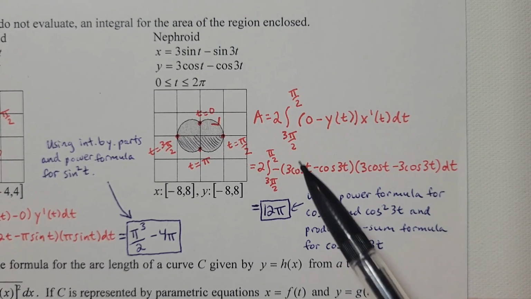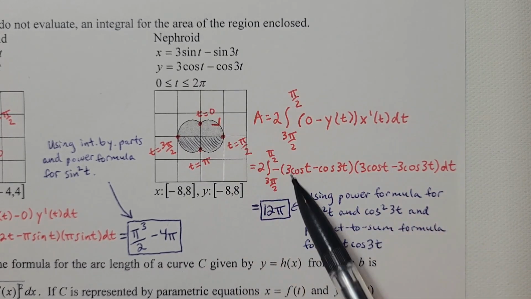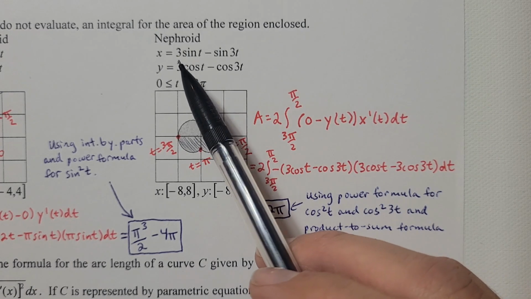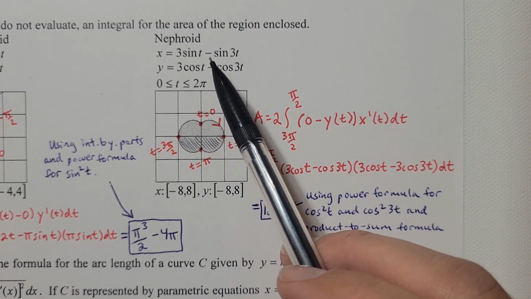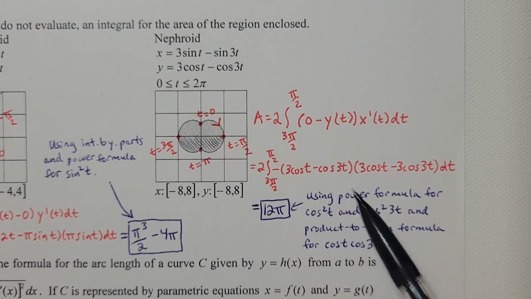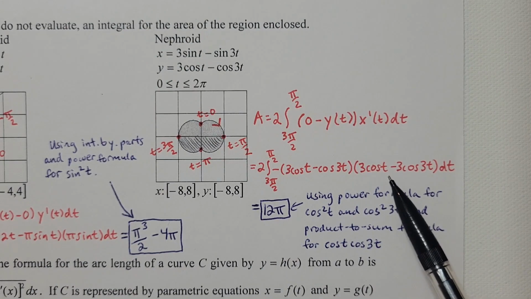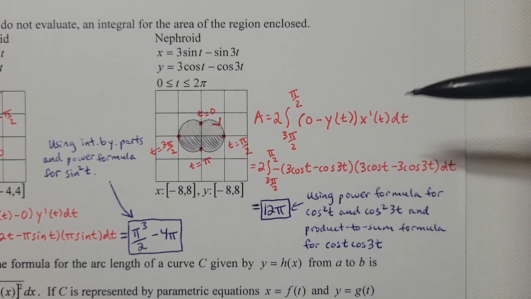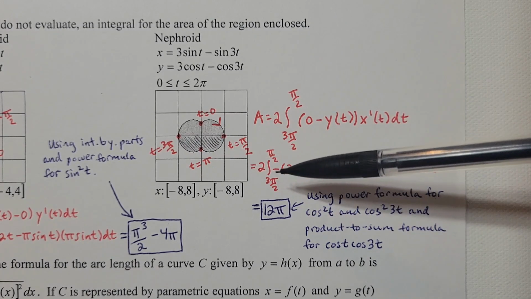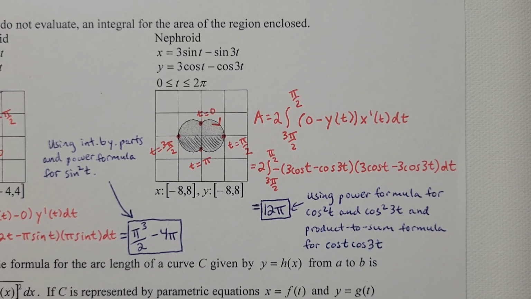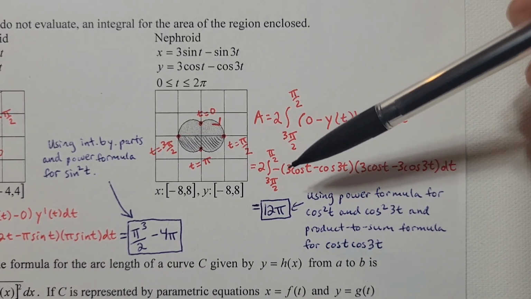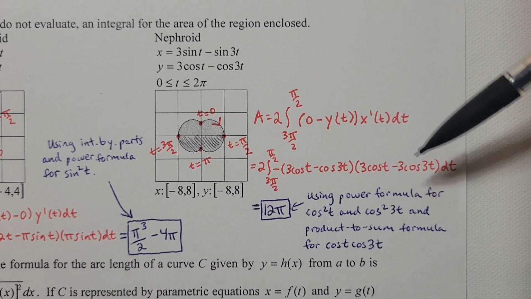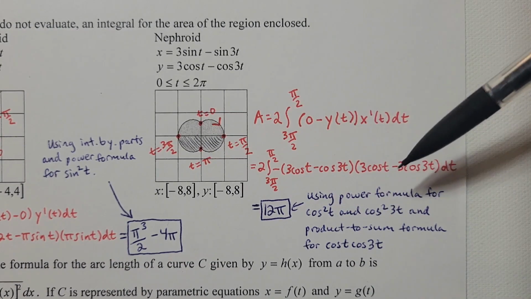So here is y of t, and then x prime of t would be 3 cosine t minus 3 cosine 3t. Again, the first thing I would do if I were to integrate this is flip the bounds, and that's going to get rid of that negative. So I'd have 2 times the integral going from pi over 2 to 3 pi over 2 of this. And if I were to integrate this, I'd FOIL this out.